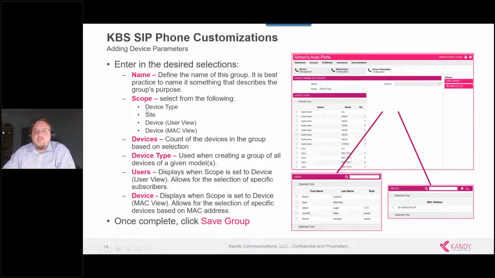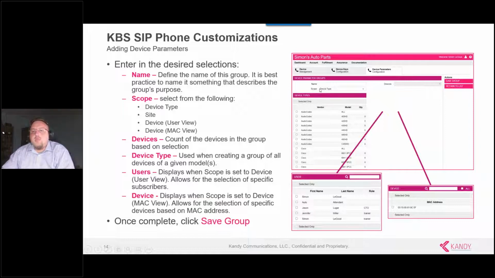The devices section, if you are going based off device type, you can select which devices you would like. As you start selecting these, what you'll notice is if you select a Cisco device or a Polycom device, it's going to yellow out all of the other manufacturer or vendor phones. These do need to be set up based on one vendor at a time.